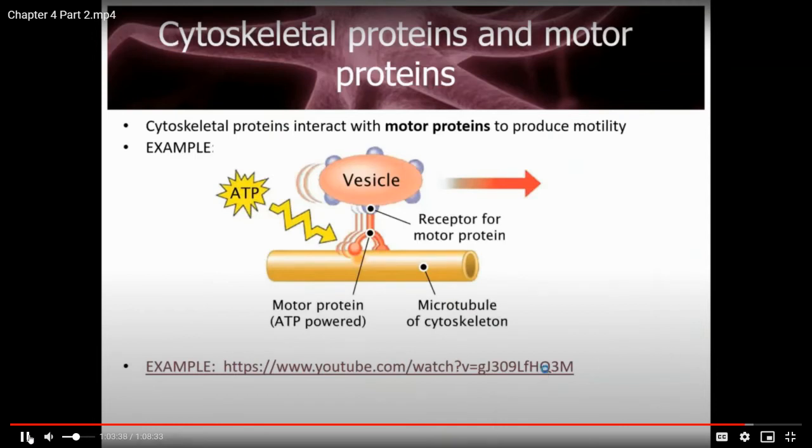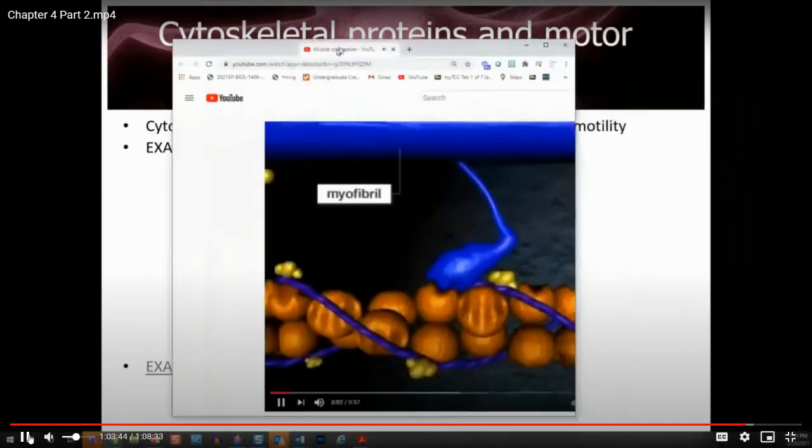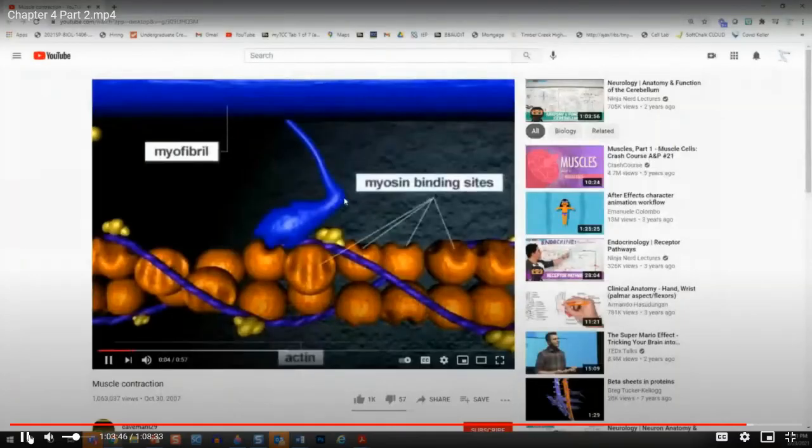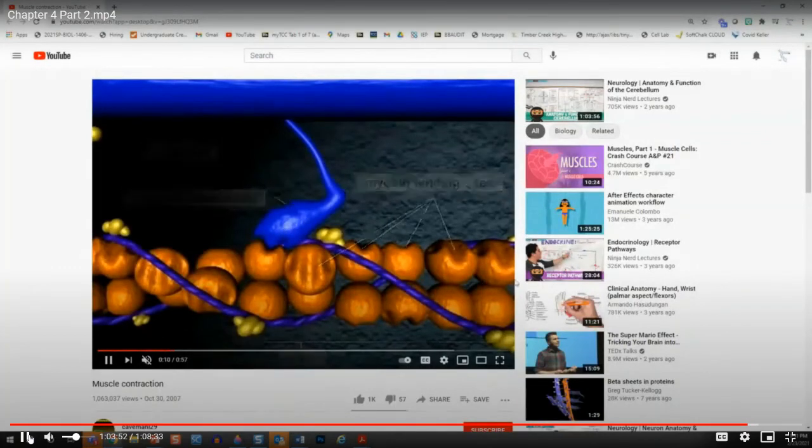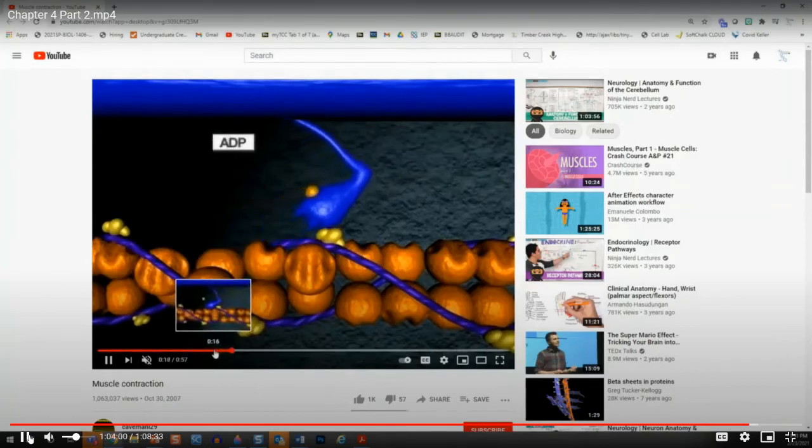involved with movement. Let's see what this video looks like. Hopefully this doesn't crash. So here's what a motor protein looks like. So what's going to happen is here's my protein filament, part of my cytoskeleton. A motor protein is something that basically can walk along the cytoskeleton and cause movement.